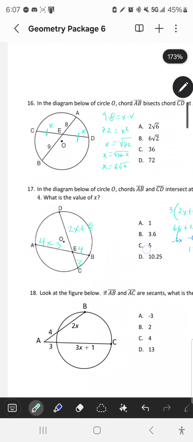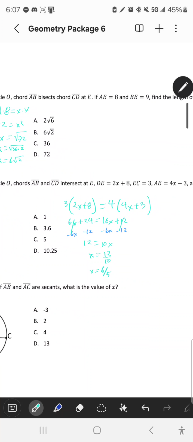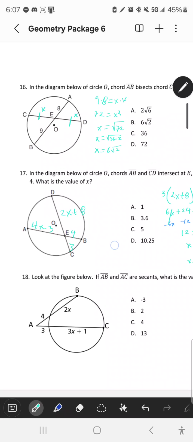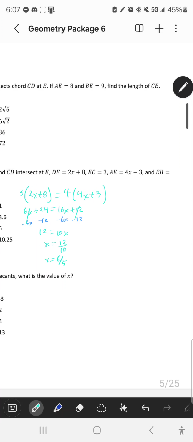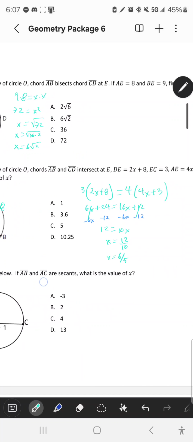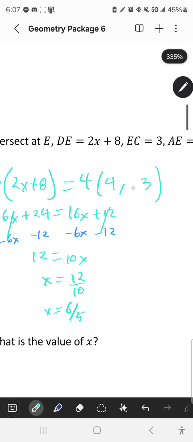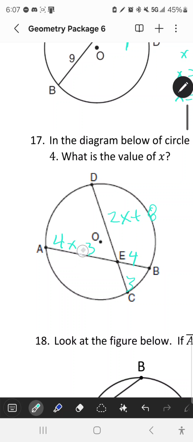Let me recheck. I have the 2x plus 8. I have EC, which is 3. AE is 4x minus 3. Oh, here. This is supposed to be minus 3. Sorry about that.